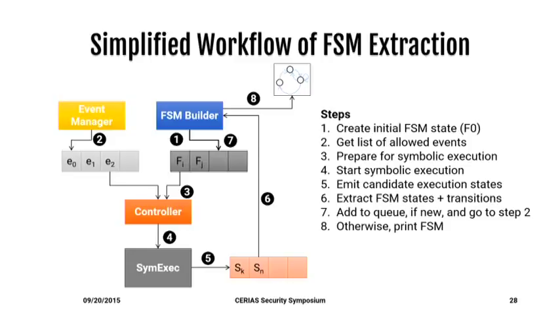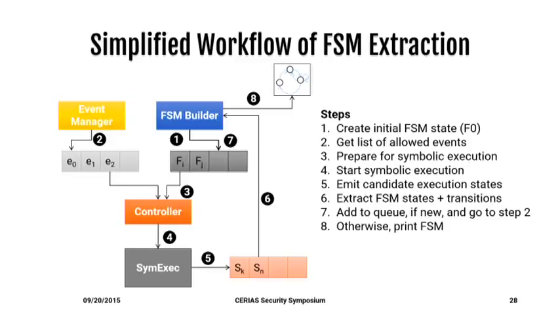Okay, so the first step is to create the initial FSM state. Then you get a list of allowed events. Then the controller prepares the symbolic execution engine to start, and it starts it. Step 3 means that the initial state is an FSM state, which could be different from a program state.